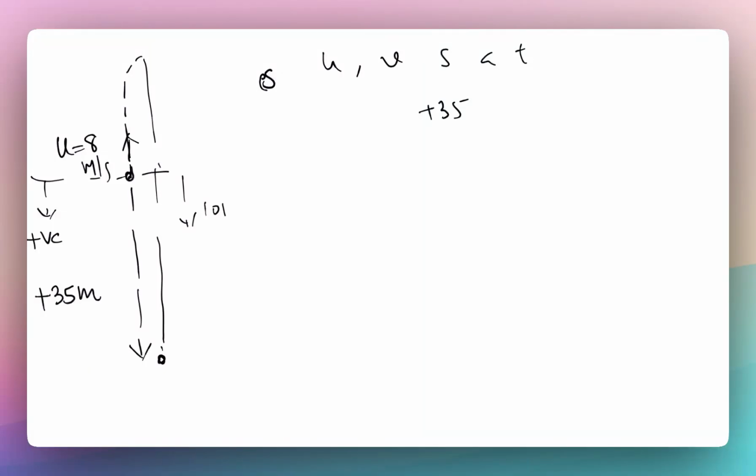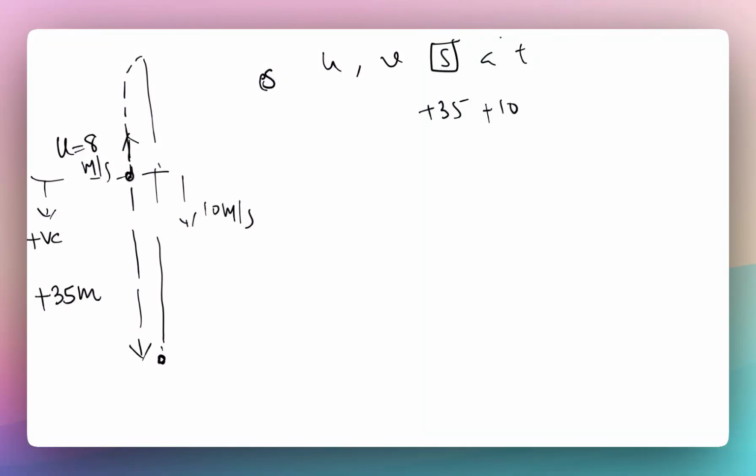So my displacement here is going to be also positive, and this time it is going to be 35 meters, right? So if we write our U, V, S, A, T, my displacement S we are going to say is 35 positive, because we are taking downward as positive this time. We can say the acceleration, which is also 10 meters per second squared, is also a positive number.